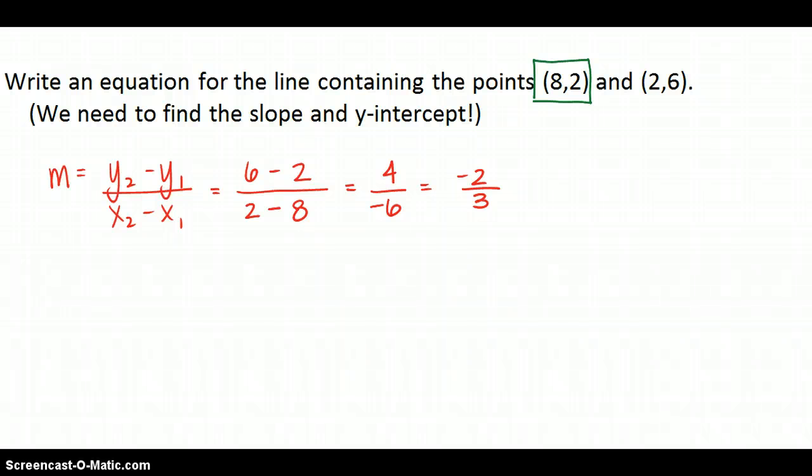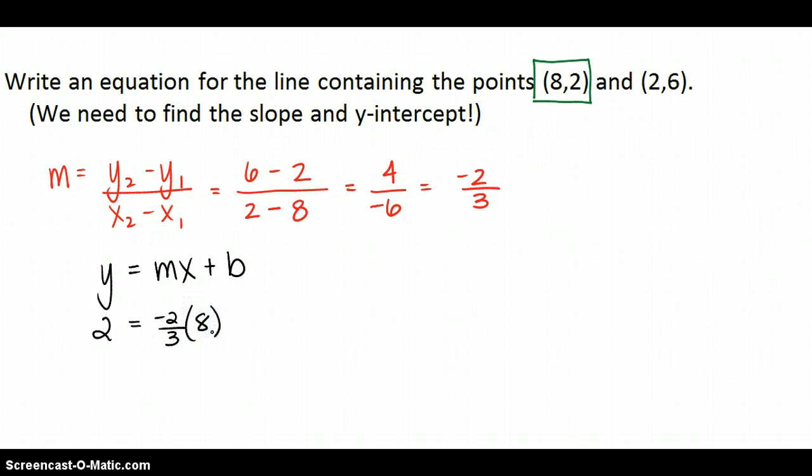So I'm going to choose the first point. I'm going to rewrite my slope-intercept formula so that I'm set, and I'm going to plug in my values. So for my y, I'm going to use the y-coordinate of my point, which is 2, equals my slope for m, which is negative 2/3, times x, which is 8 in this case, plus b.